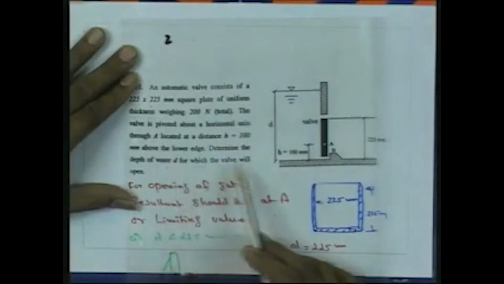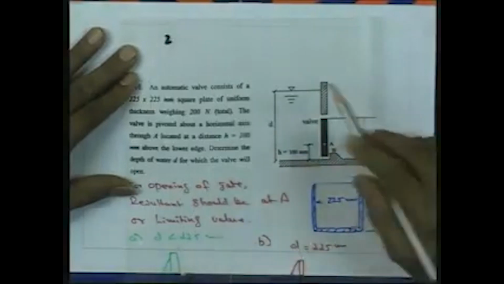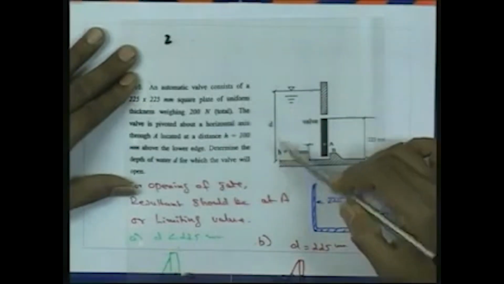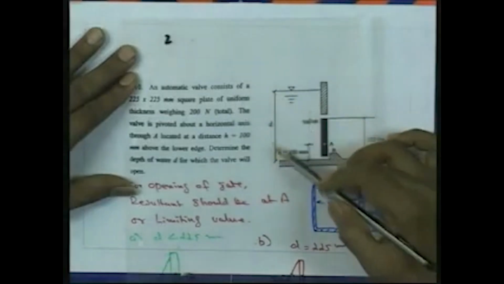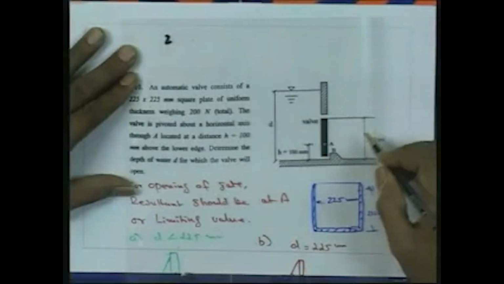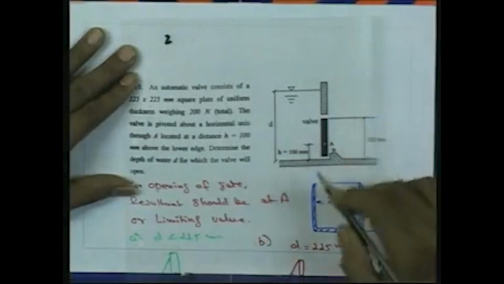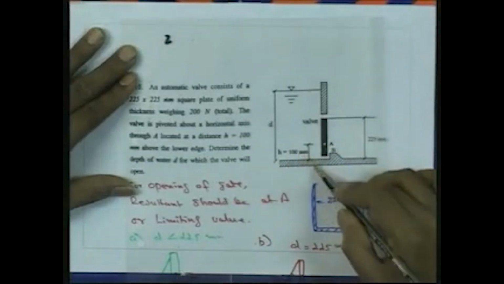Determine the depth of water D for which the valve will open, or the minimum depth for which the valve will open. Already there is water depth of 225 millimeter in the downstream, and the valve is pivoted at h equal to 100 millimeter from the bottom.